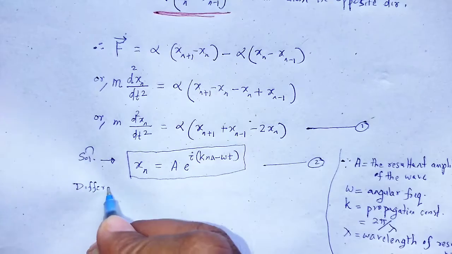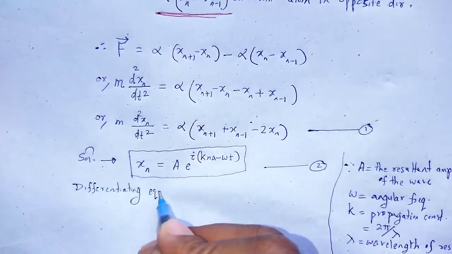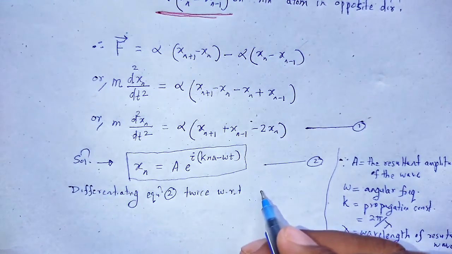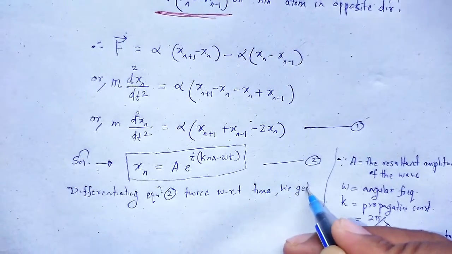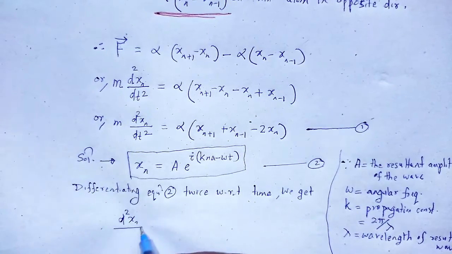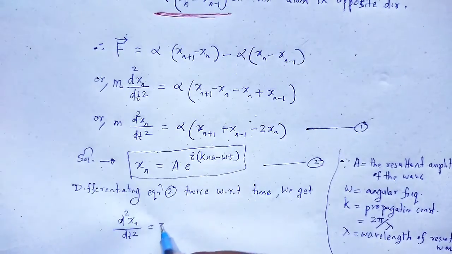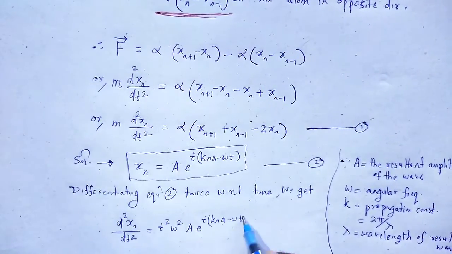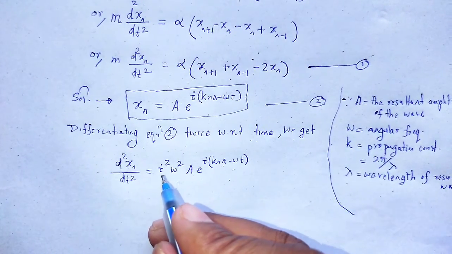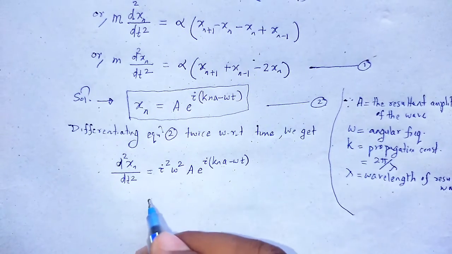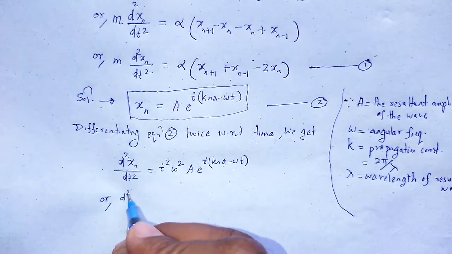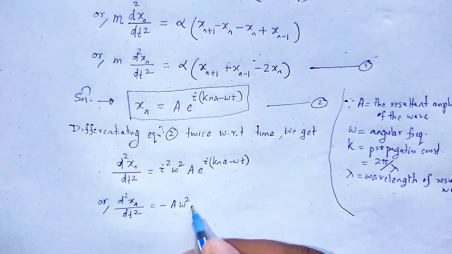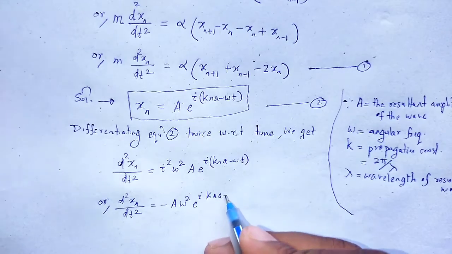Differentiating equation number 2 twice with respect to time, we get d square x_n by dt square is equal to i square omega square A e to the power i(k n a minus omega t), or d square x_n by dt square is equal to i square, minus 1, minus A omega square e to the power i(k n a minus omega t).